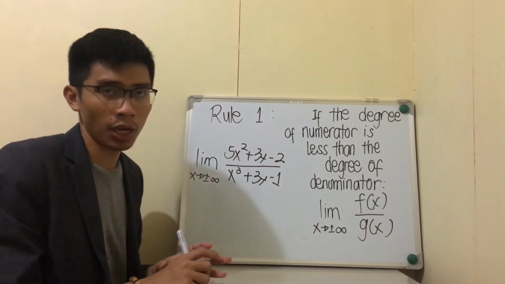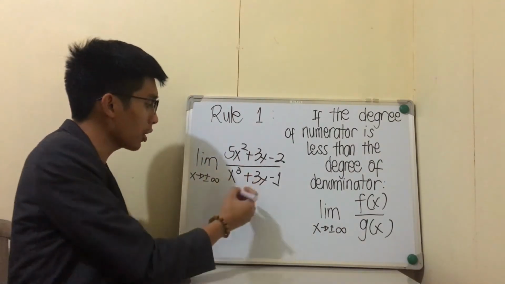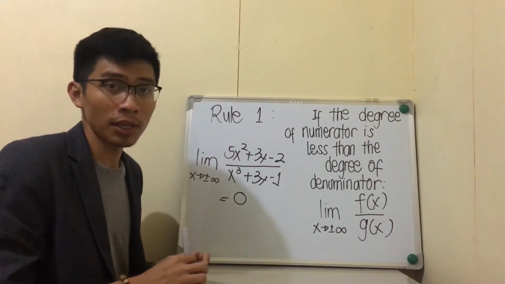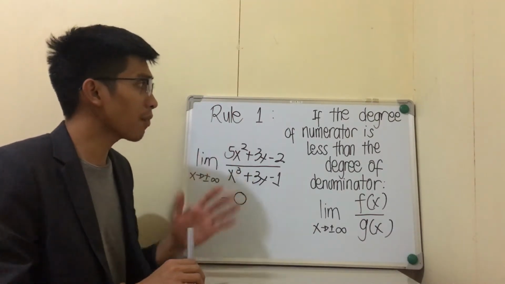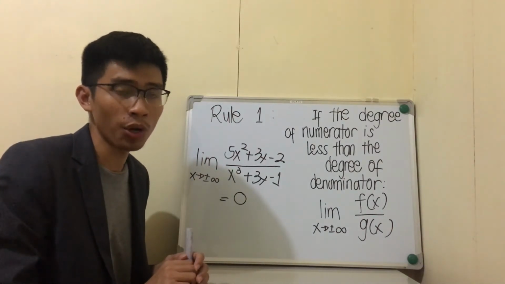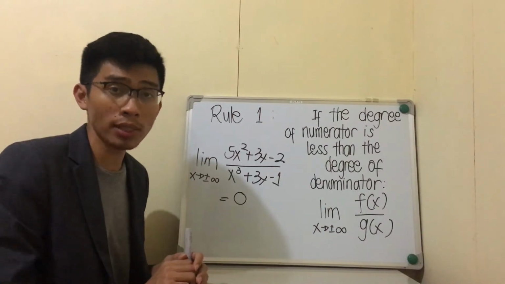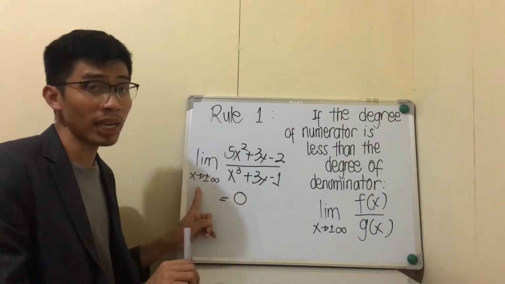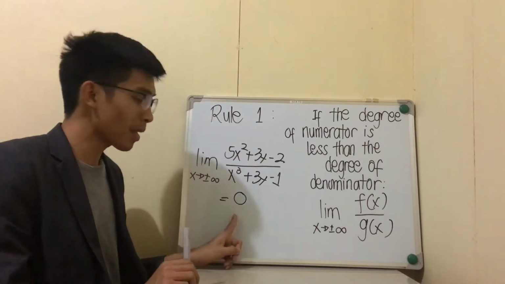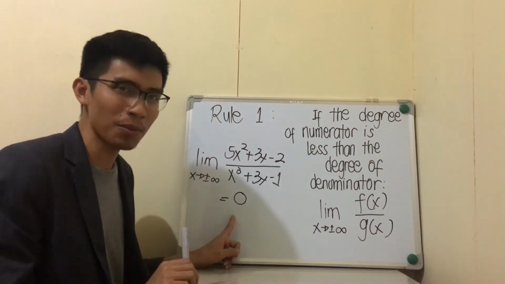Once you encounter that kind of problem, the limit of that function as x approaches positive or negative infinity is automatically equal to 0. Again, if the degree of the numerator is less than the degree of the denominator, the limit is equal to 0. Am I clear to everyone?